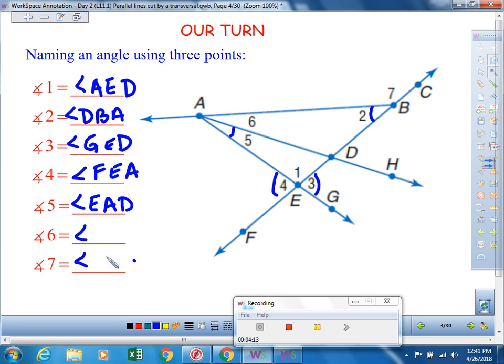And 6, there's 6 right here. So this would be DAB, or BAD.